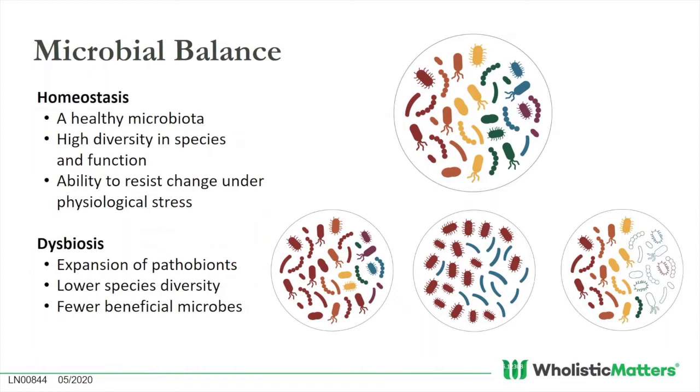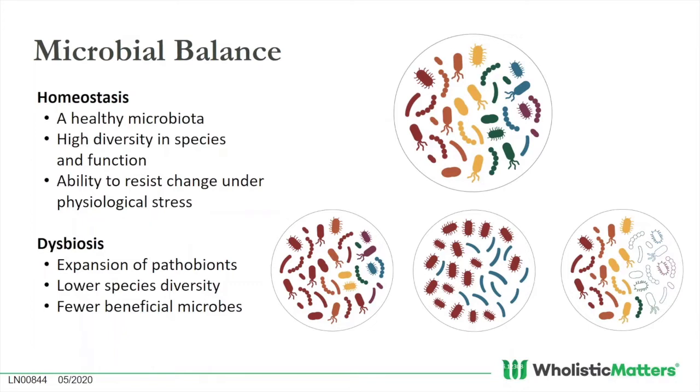And for microbial balance, a healthy microbiota, we would like to call this homeostasis. So this good balance of microbes is high in both species diversity, so the different species of microbes that exist, as well as the function of the different microbes. So are they expressing all of the relevant traits that we need?